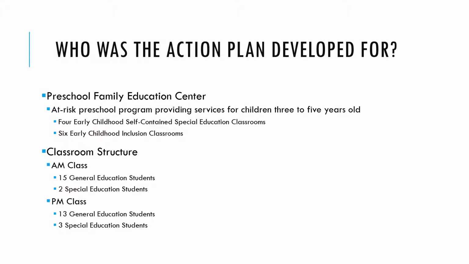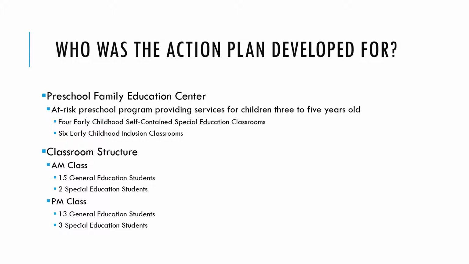In my morning class, I have 15 general education students and 2 special education students. One student is identified as having a developmental delay due to social emotional delays as well as language delays. The second student is identified as having a developmental delay due to social emotional and academic delays.